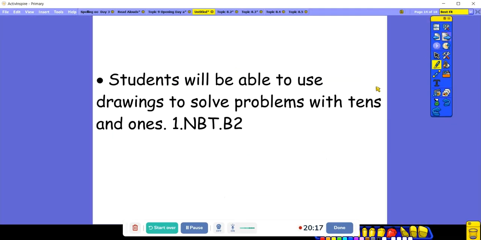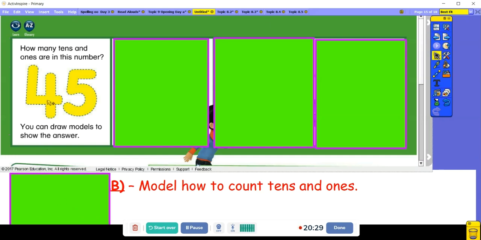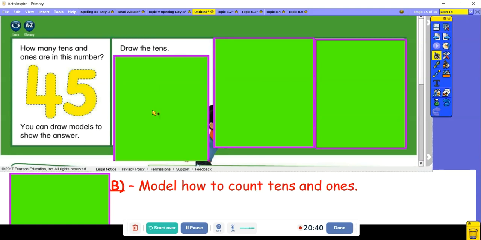Okay. So now, students, you will be able to use drawings to solve problems with your tens and ones. So again, if given a number such as 45, I want you to be asking yourself how many tens and ones are in this number. And you can draw models using your tens and ones.